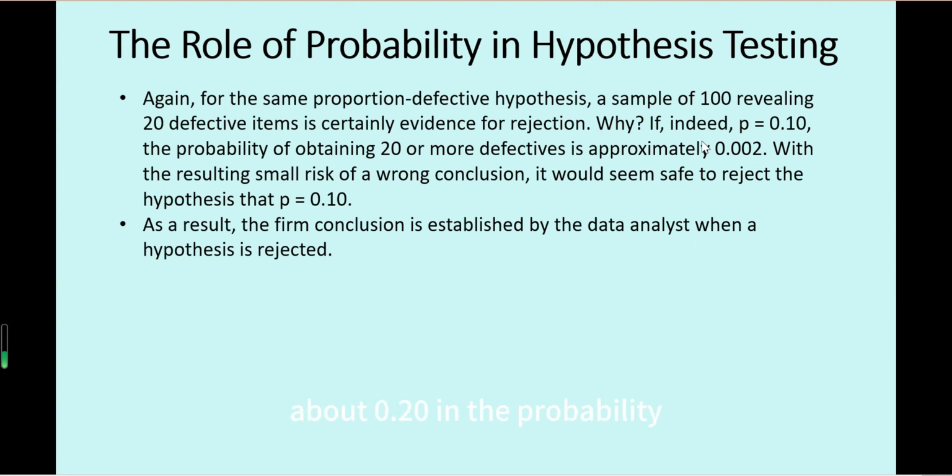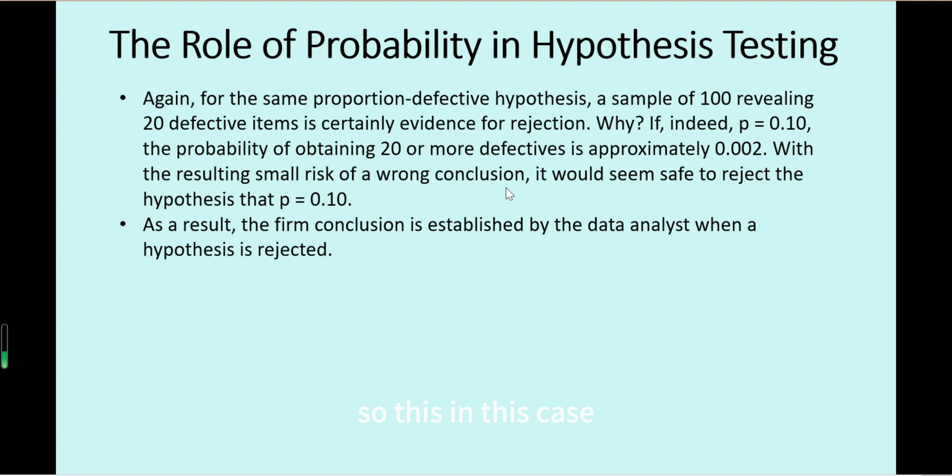It's quite different from the statement 0.10. So the probability of obtaining 20 or more defective is approximately 0.002 if this statement is true, which means a small risk of a wrong conclusion.